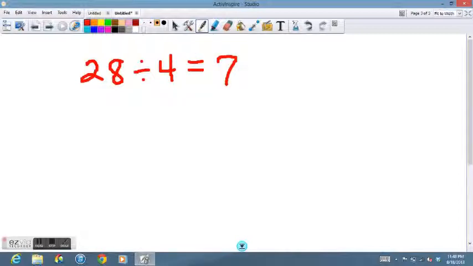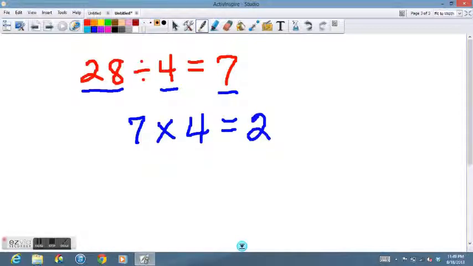Now, what I want to remind you of is that whenever you have a division problem, the answer, which we call the quotient, if you take that number and multiply it by the divisor, which is 4 in this case, 7 times 4, you should get the dividend, which is the first number in the division problem. So in other words, if 28 divided by 4 equals 7, we also know that 7 times 4 equals 28.